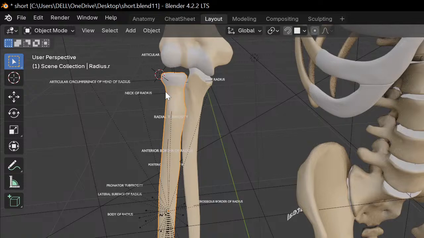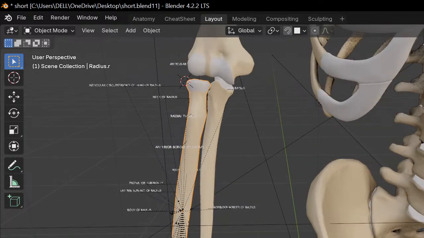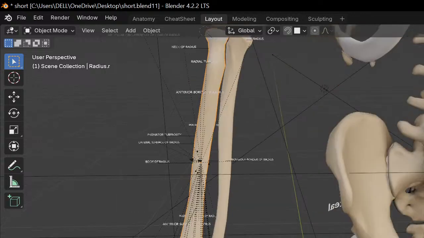Just below the neck, we have the radial tuberosity. The radial tuberosity is the point of attachment for the biceps brachii muscle, which helps in supination of the forearm.